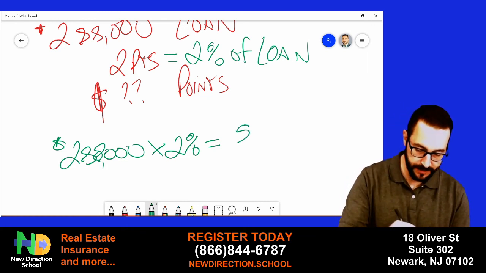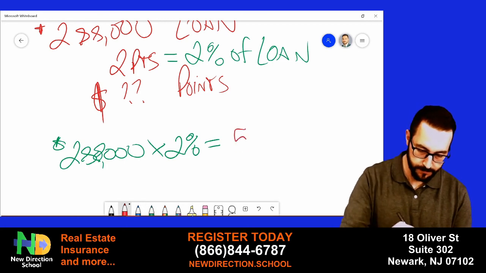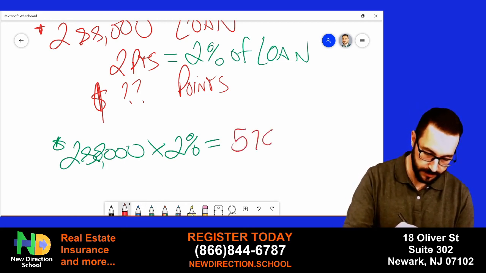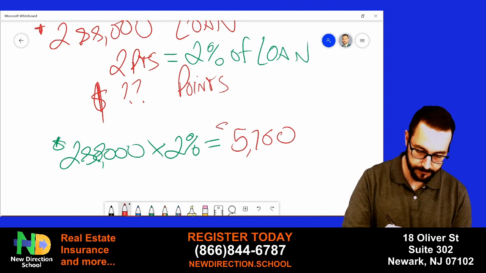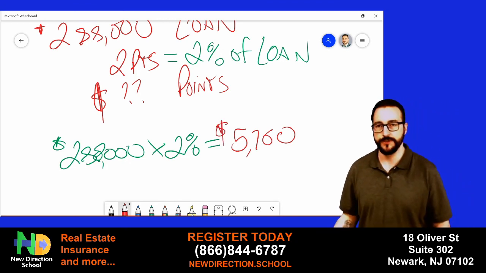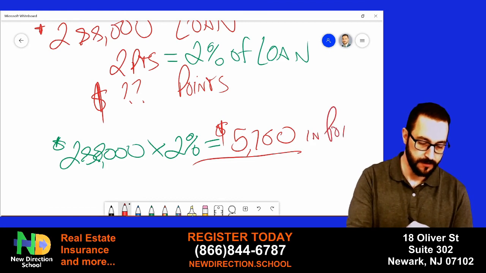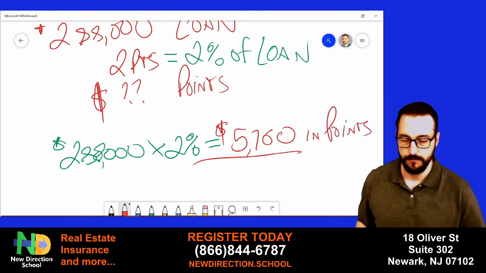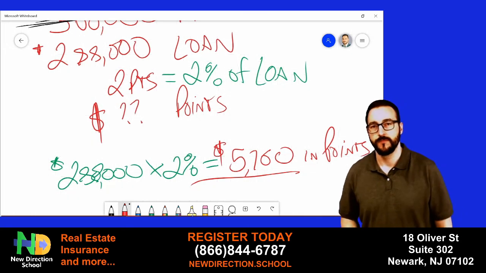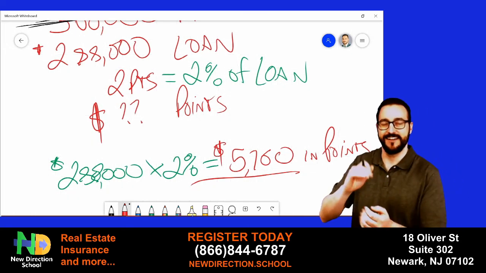You're paying 5,760. So what was the answer? 5,760 in points. That was easy.